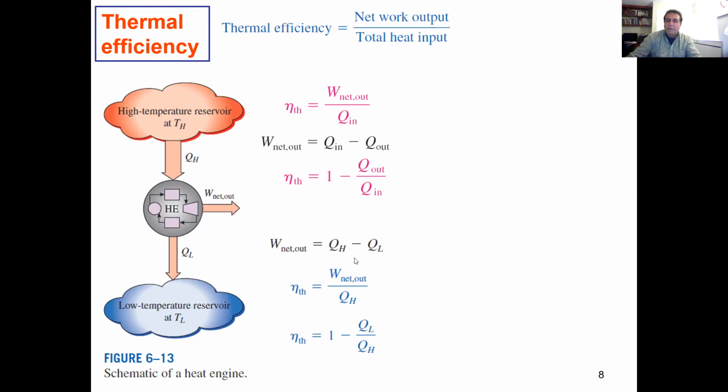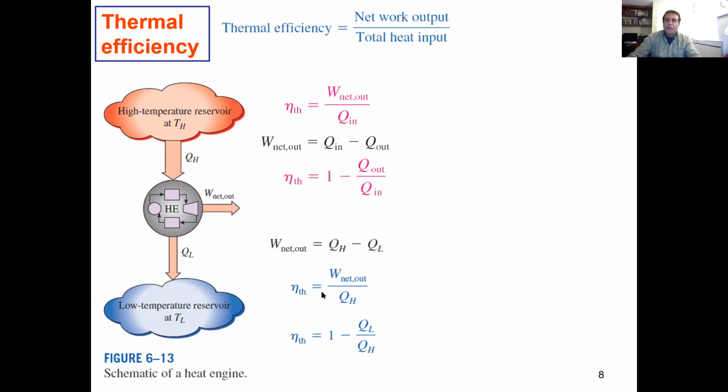So in terms of W net out, or QH minus QL, that's the thermal efficiency again. And then you have QL over QH, or Q out in this situation here.